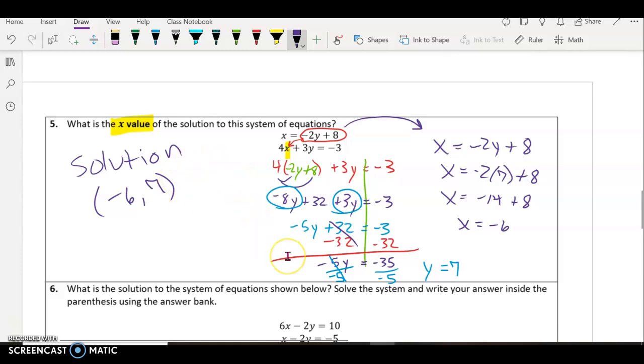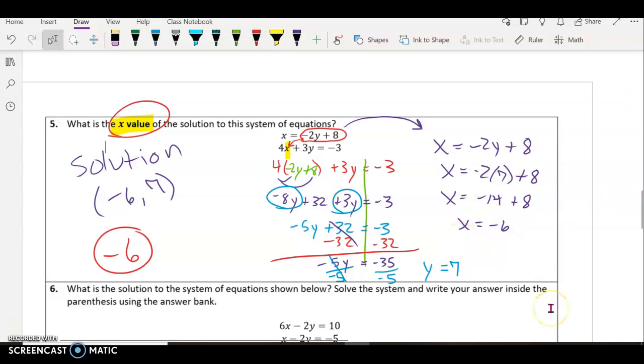So we found y, but we need the x because that's the answer they're looking for. So I took the first equation over here to the right, and instead of y, I replaced it with 7 because I know y is 7. And then I solved and found out that x was negative 6. So our actual answer to this problem is negative 6 because it wanted the x value.